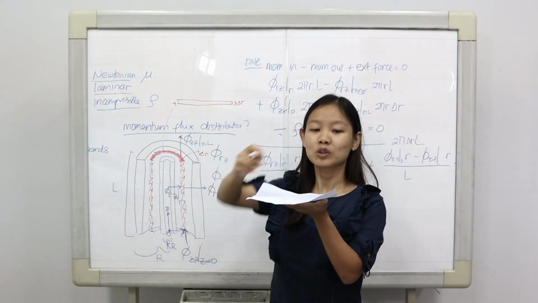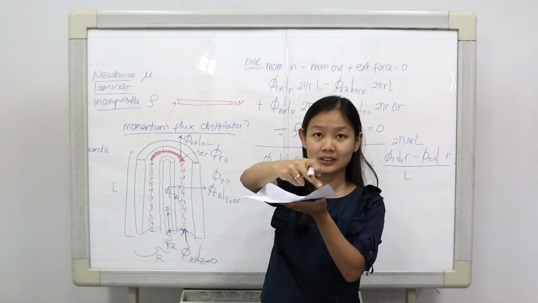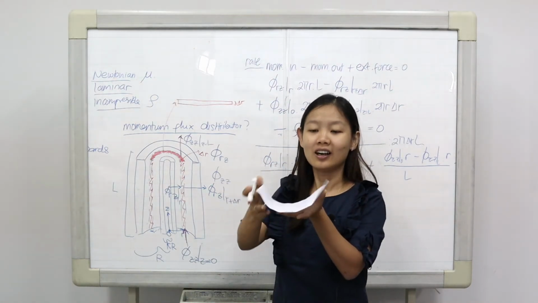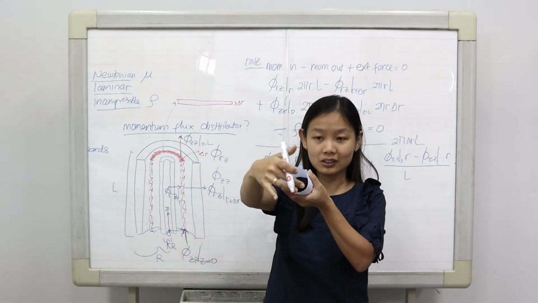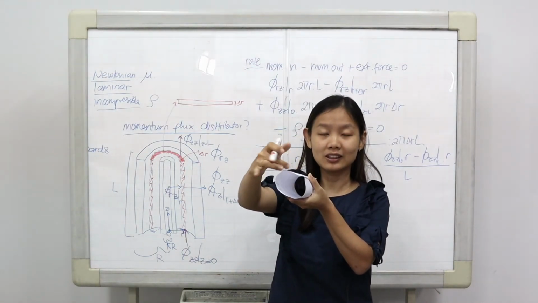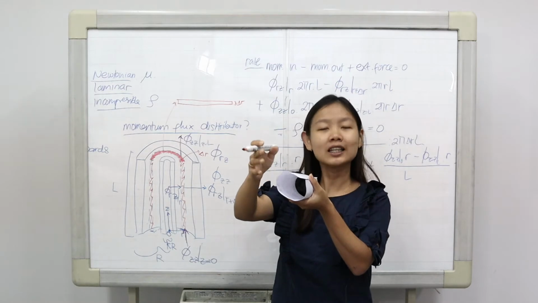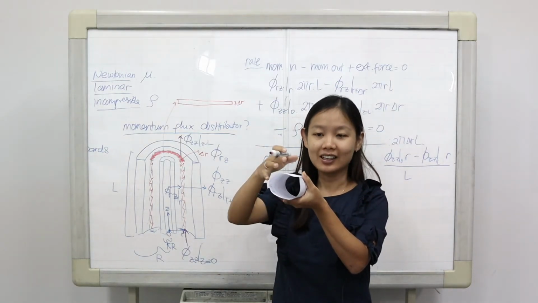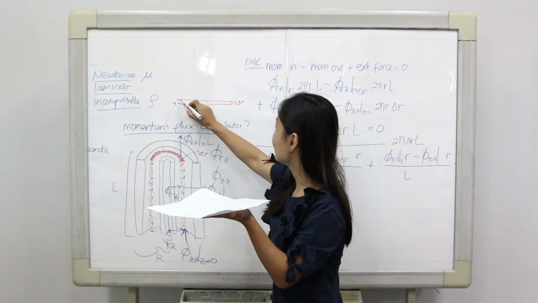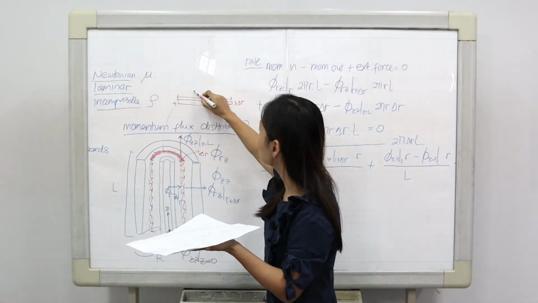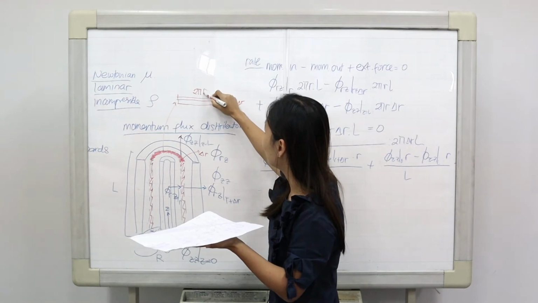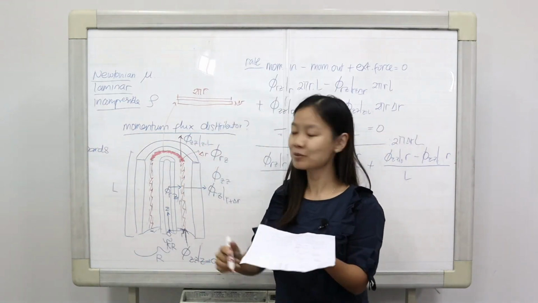And then what is the length? The length of this rectangle, because it came from a circle, will be similar to the circumference of the circle. So for the length of the rectangle, we can put 2πR.